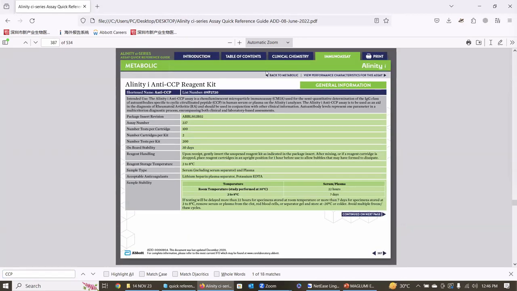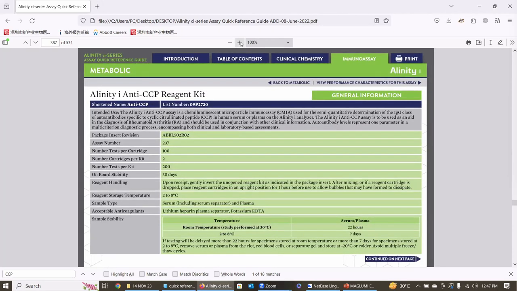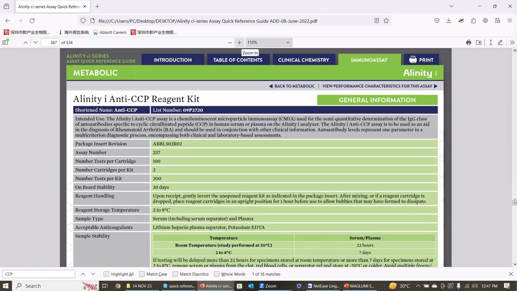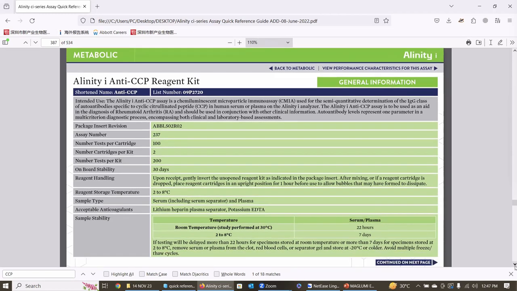Can you see my screen? Okay. That's great. So if I make it more prominent here, a little bit bigger, you can see that the Abbott assay listed here is showing a semi-quantitative determination of the IgG, right?